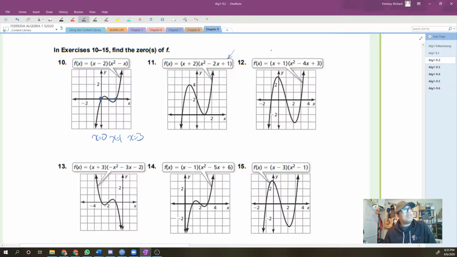This one isn't fully factored, interestingly enough. So let's factor this. That was an easy quadratic, so I didn't have to use the extended method because a was equal to 1. So I get x plus 1, x minus 1, x minus 3. Those are my 3 solutions. So the solutions are x equals -1, x equals 1, and x equals 3.